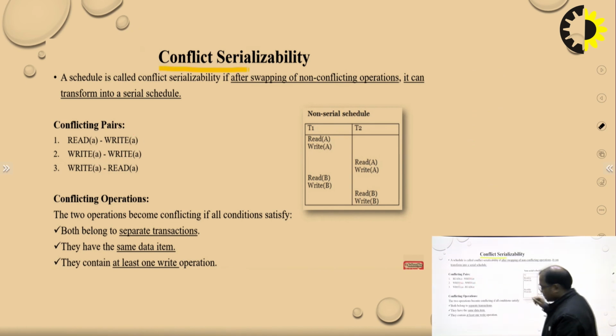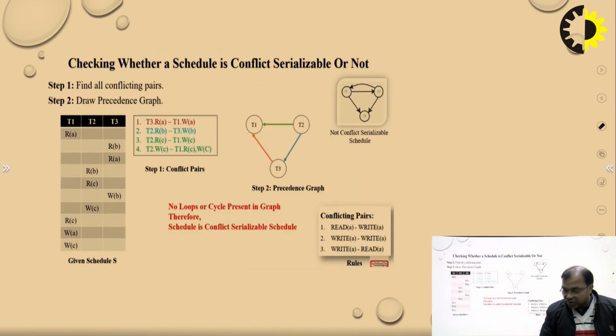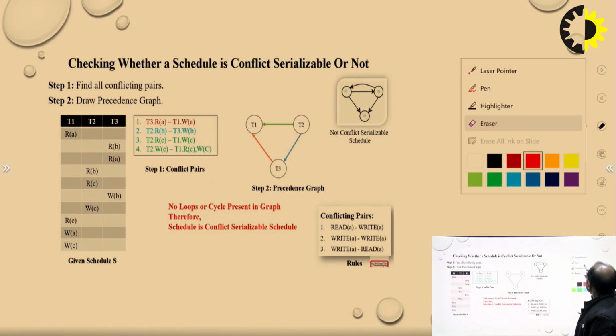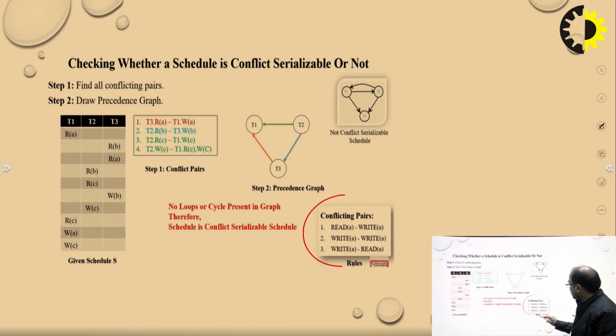So next, checking whether a schedule is conflict serializable or not. How can we check? First step, we must write down all the conflicting pairs, and we already know they are read-write, write-write, and write-read over the same data item.